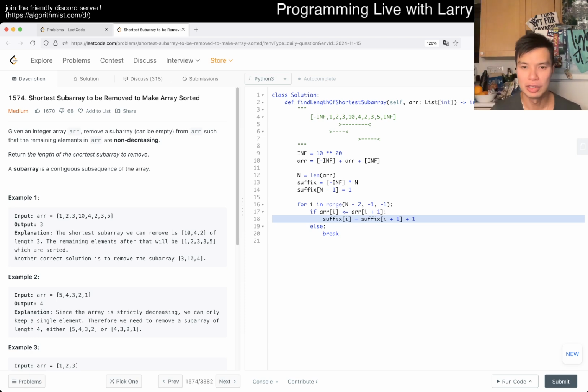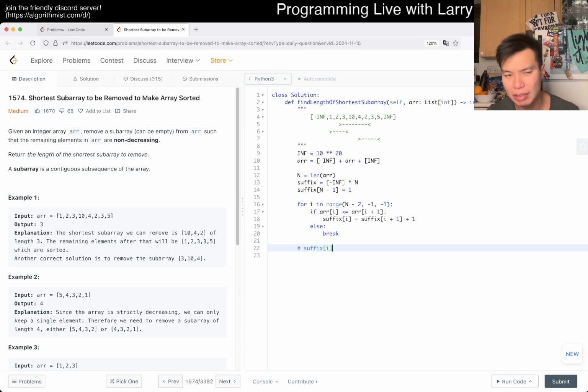Another way to say it, of course, is suffix sub i. And actually, what I said about binary search, now that I think about it more, should not matter, because we could probably do a two-finger thing. But let's keep it that way.